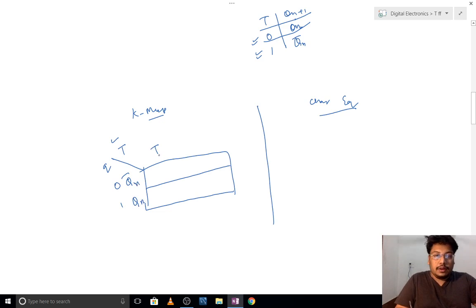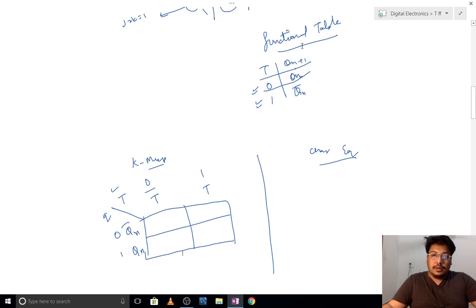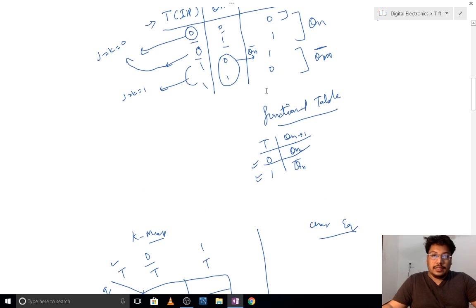Now here T also will have two values, 0 or 1. So T0 and T1, like this. So these four values we have will be based on this as well as on this.